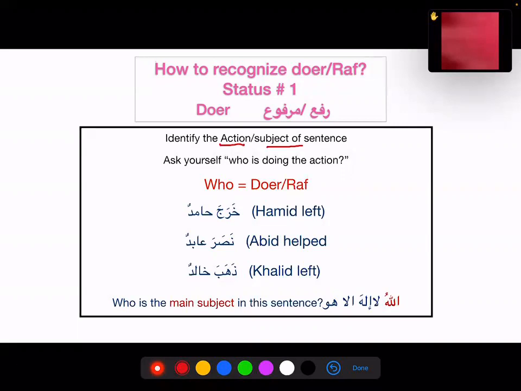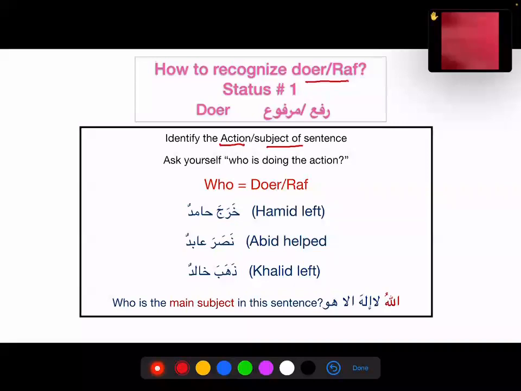Sometimes, for example, if I say "he is a Muslim," there is no action in it, but "he" is basically the subject of the sentence. We are talking about someone who is a Muslim. So this "he" is the main subject of the sentence, and that is supposed to be Rafa in status. Does that make sense? So how are we going to identify a Rafa, a doer or subject of the sentence?